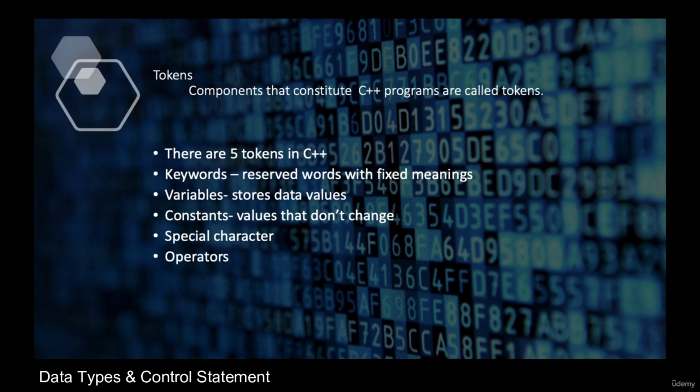Before moving to that, we should know the types of tokens defined in C++. We have keywords, which are reserved words with fixed meanings. Suppose we want to declare something or say something to the computer through a programming language, there should be some reserved words which give that particular meaning to the compiler, right?